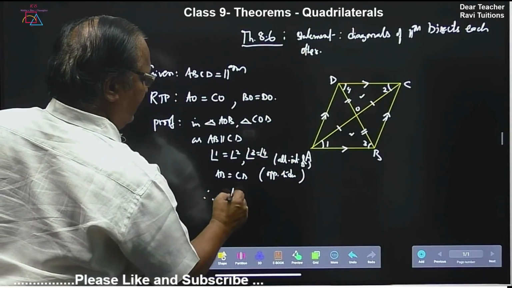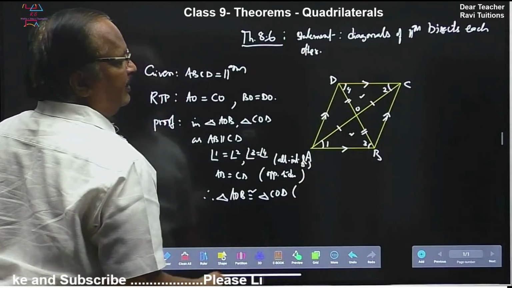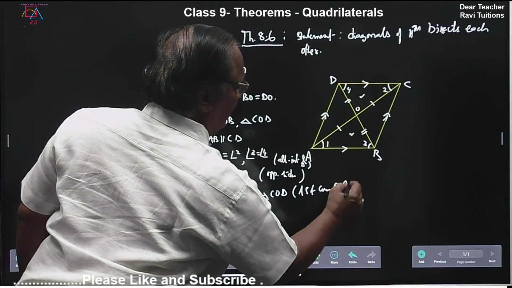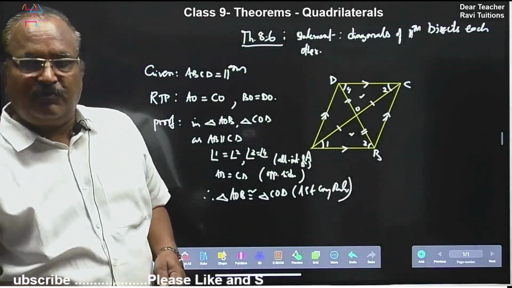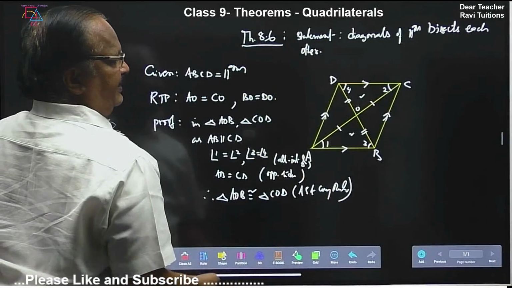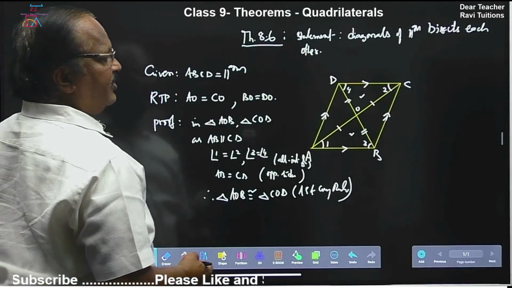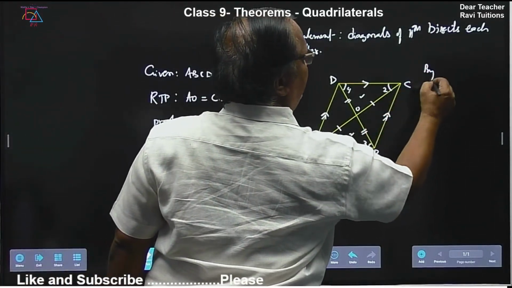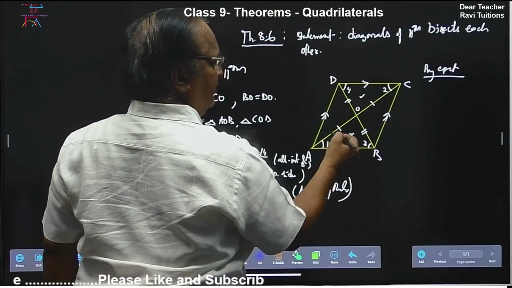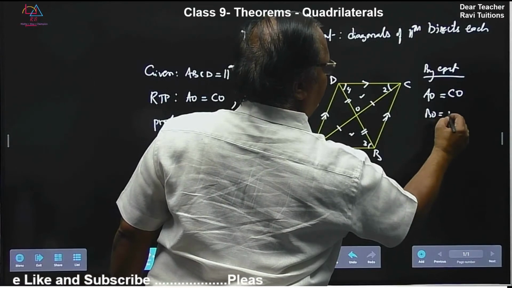Therefore, triangle AOB is congruent to triangle COD by the ASA congruency rule. Ultimately we have to prove that AO is equal to CO. So by CPCT, corresponding parts of congruent triangles, AO is equal to CO and BO is equal to DO.